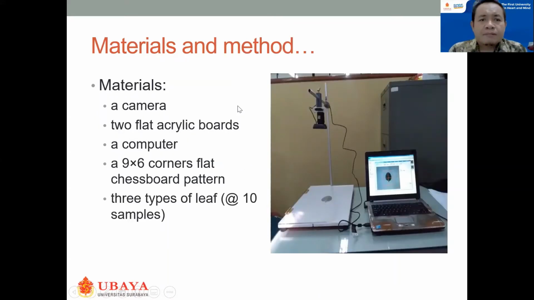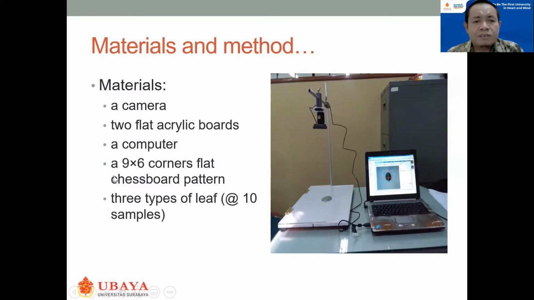Okay, these are the materials used in the proposed system. The computer vision system consists of a camera, two flat acrylic boards for image acquisition background, and a computer to process the captured image and to calculate the area, length, width, and perimeter.